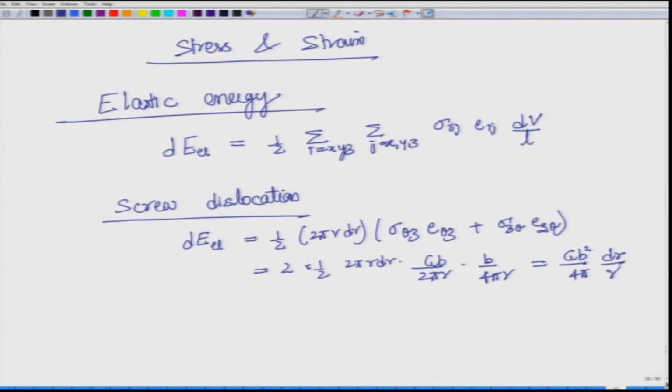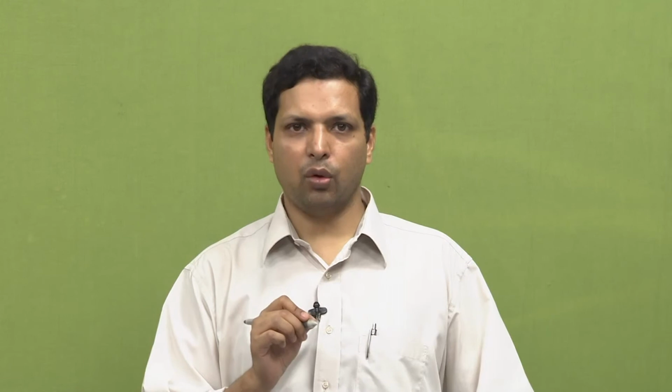So, thankfully, the terms are very simple and we can integrate it. So, your E elastic would be Gb square by 4 pi integrating, and you remember we have to integrate from the smallest radius. We can integrate only from r core, we cannot go below r core.